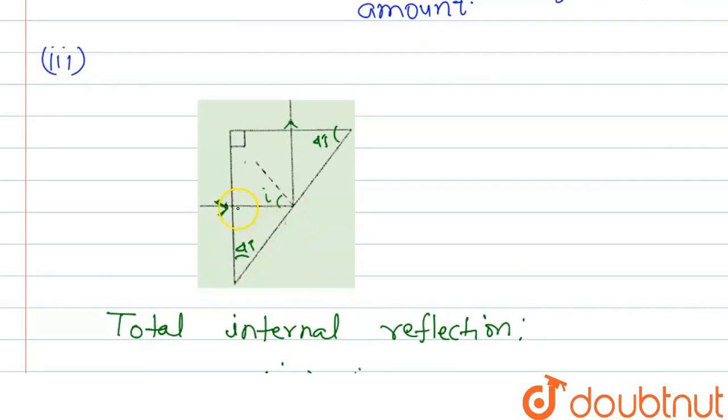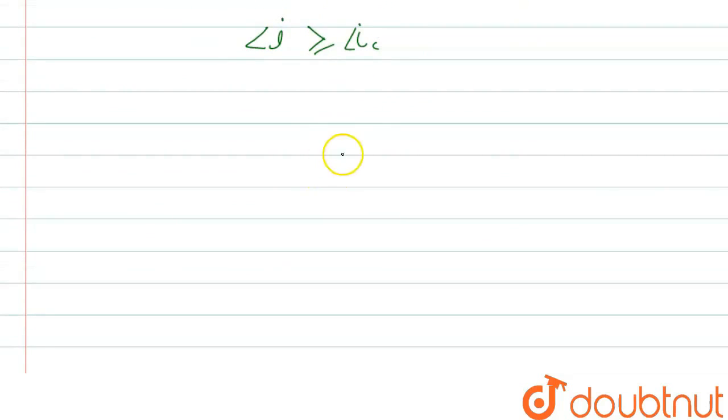So it is going perpendicular to this plane. So this part is also perpendicular, so this angle is 45 and this one is also 45. So here we can say that 45 degree should be greater than or equal to the critical angle.